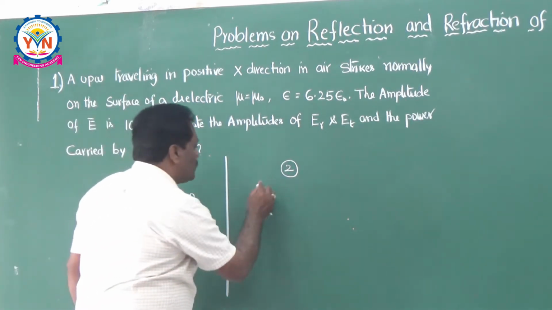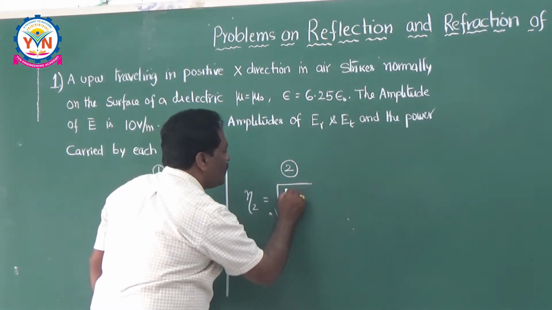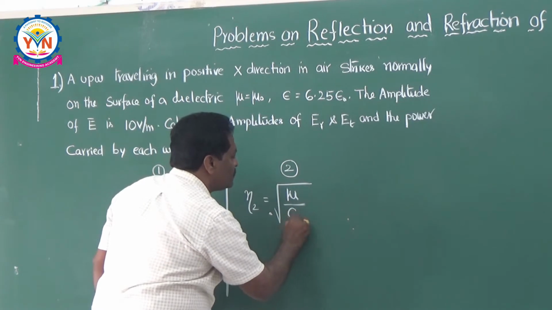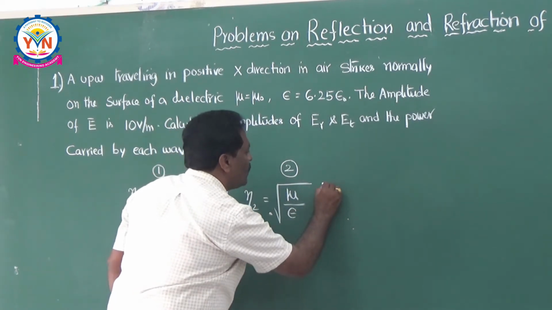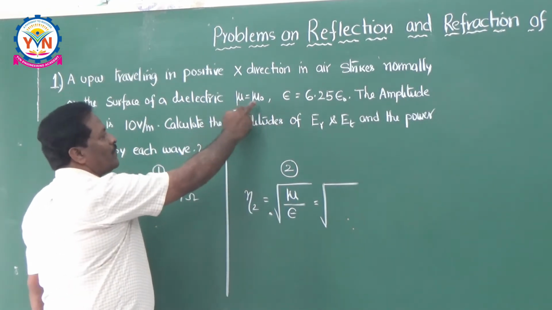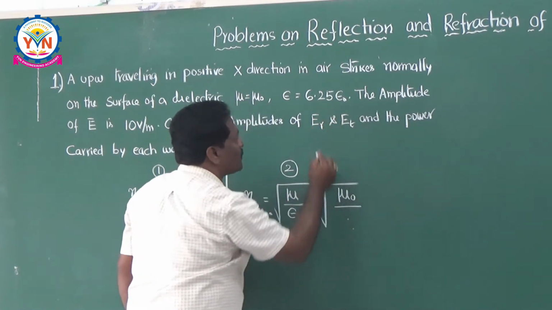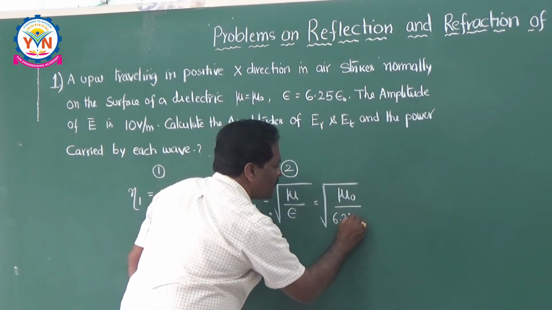Whereas for medium 2, eta 2 is equal to root of mu by epsilon, that is root of mu naught mu r by epsilon naught into epsilon r. Here mu is given as mu naught divided by epsilon, which means 6.25 epsilon naught.